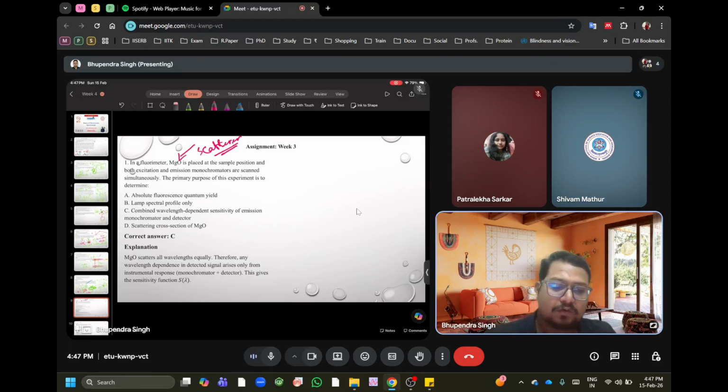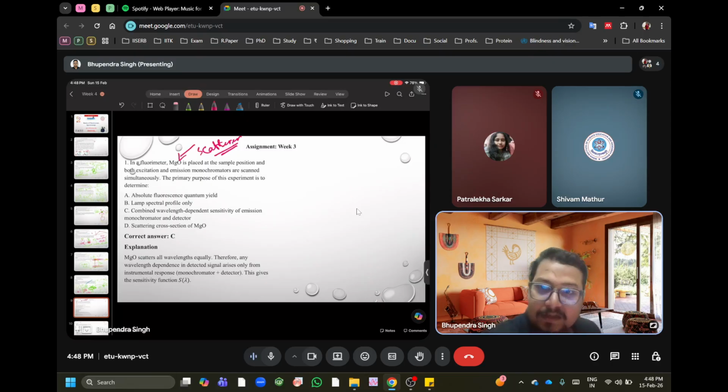In a time correlated single photon counting TCSPC instrument, we also use scatterers like Ludox, and another scatterer is milk. You can also use milk, but in the laboratory we use Ludox. Using a scatterer means these molecules don't have any lifetime, they just scatter the light.